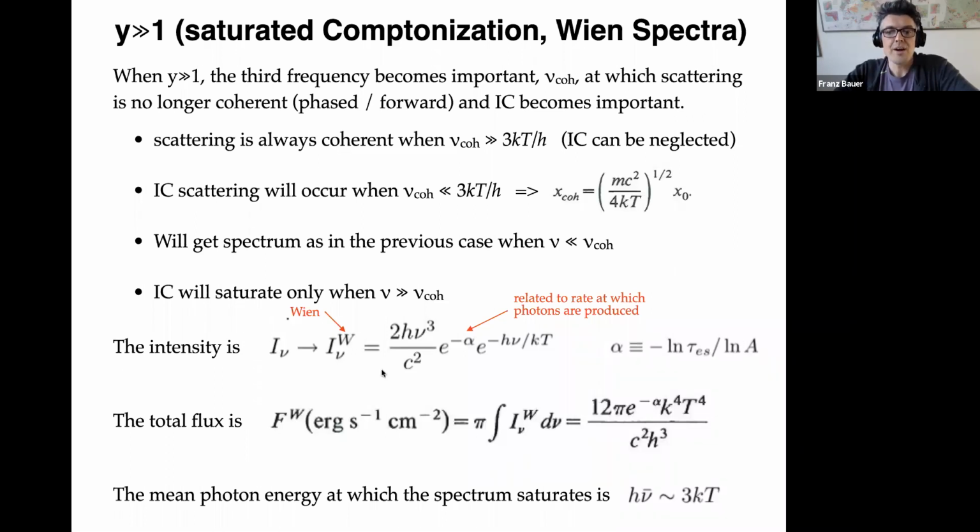In this situation, the total flux would be just integrating the Wien spectrum over all frequencies. If we do that, we end up with something which looks like this.